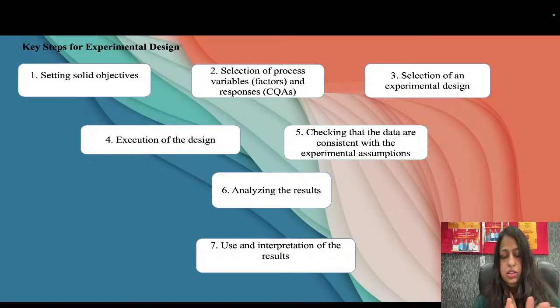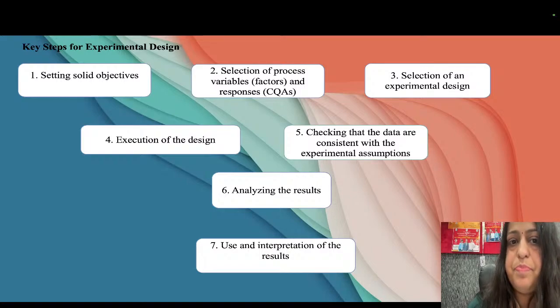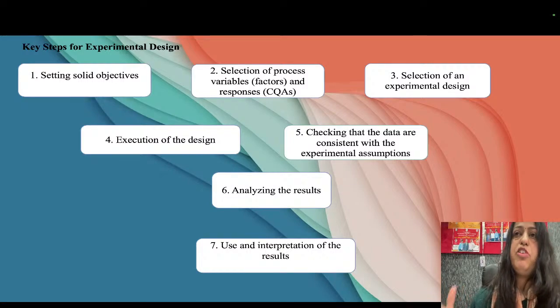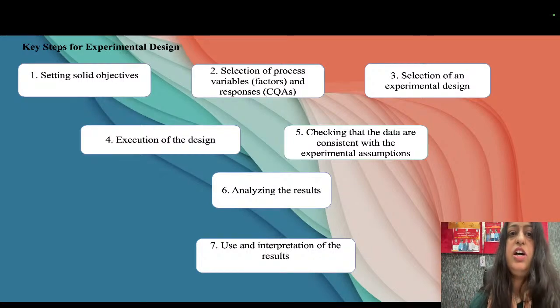Okay, so the independent variables are of two types. One is your formulation variables and second is your process variables. And then responses, what type of responses we want to select, or what are the responses on which I want to see the effect of these independent variables.